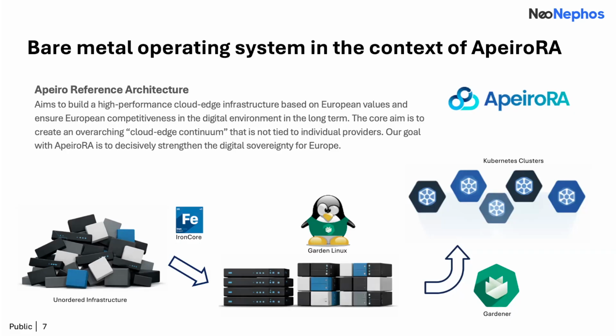Iron Core provides you a bare metal or infrastructure as a service provider that brings some order in your machines. Of course, if you're using your machines on AWS, AWS is your infrastructure as a service provider, or Google or whatnot. But all those machines, of course, need to have an operating system because you can run something on it. And that's Garden Linux. Here, in that case, fully integrated with the Gardener environment.